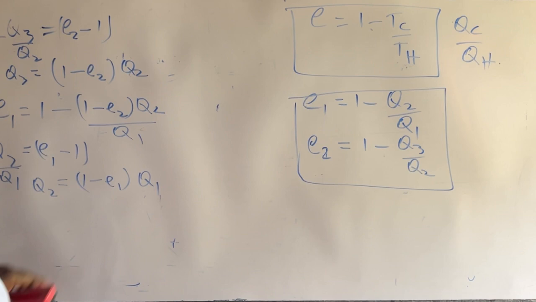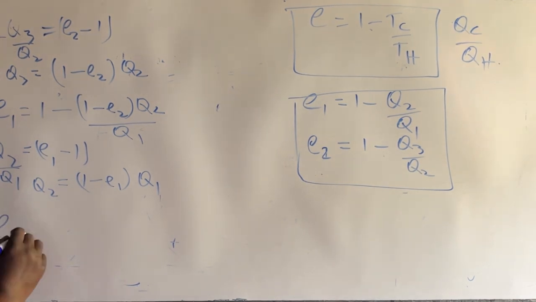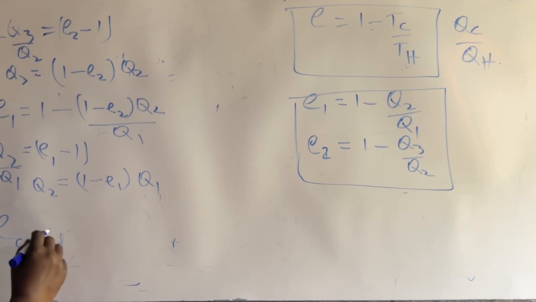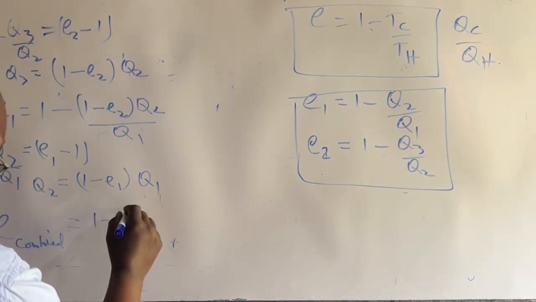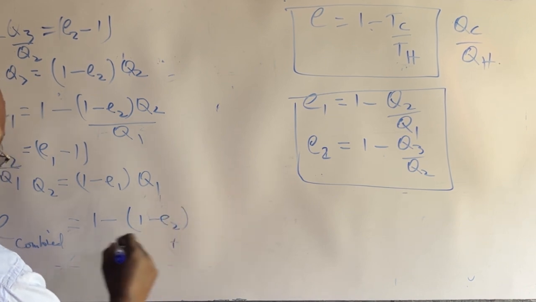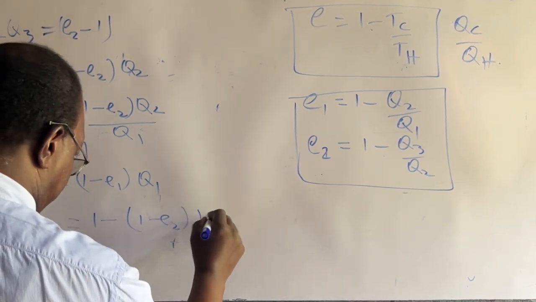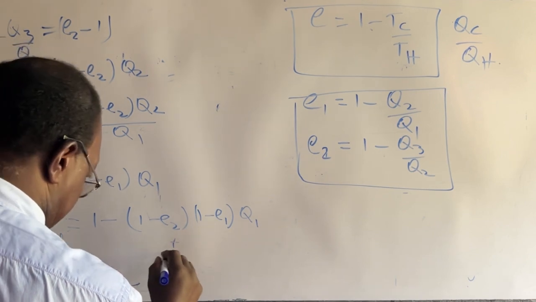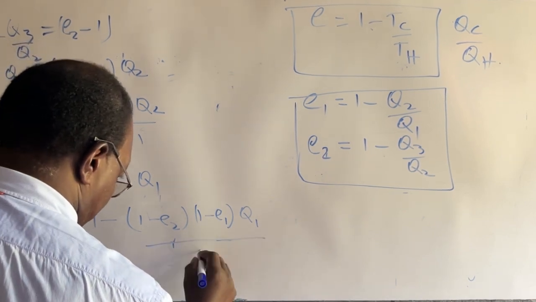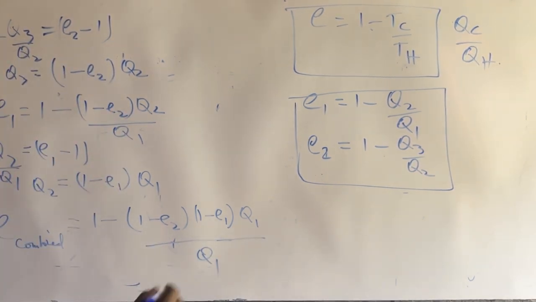So if you substitute that in that expression to get the combined efficiency, we are going to have 1 minus (1 minus E2) times (1 minus E1) Q1 over Q1. Of course, the two Q1 quantities will cancel themselves out.